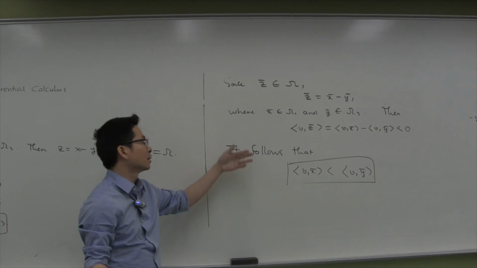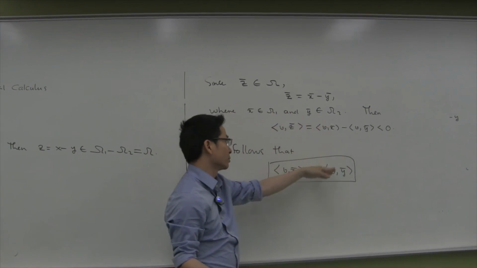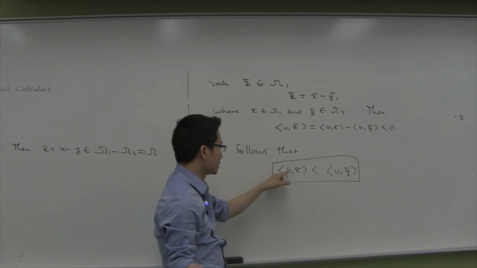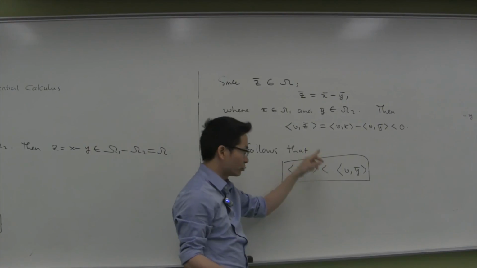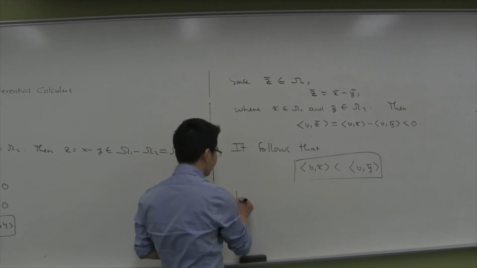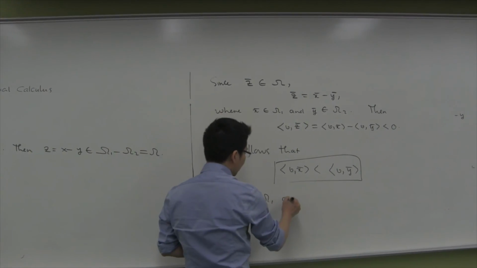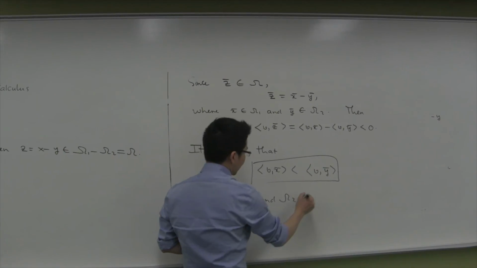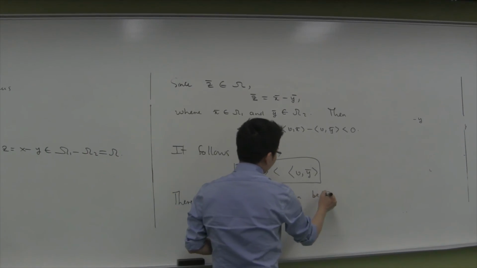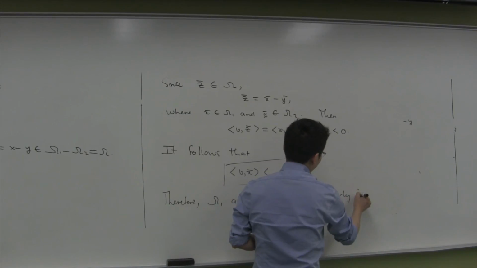Okay? So this is the second property of proper separation of omega 1 and omega 2. That means we found x bar in omega 1 and y bar in omega 2, so that the inner product of V and x bar is strictly less than the inner product of V and y bar. Therefore, omega 1 and omega 2 can be properly separated.